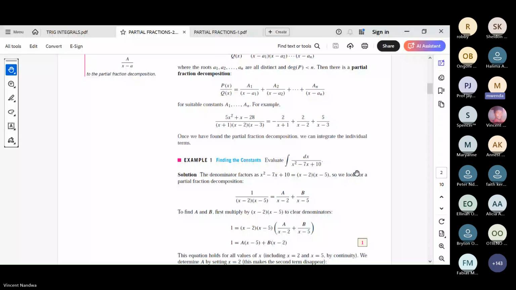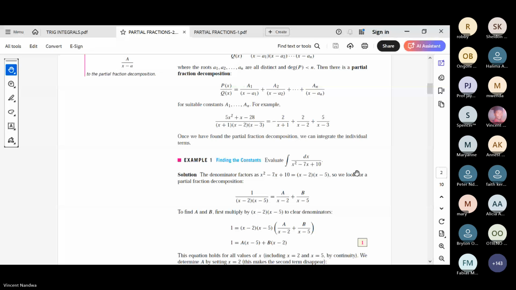For us to find A, we need a way of making the term which has B to be 0. And for us to get B, we need a value of x which will make the term having A to be 0. What would be the best choice of x to guarantee a 0 value in the B place?